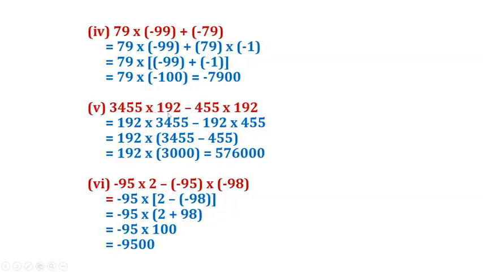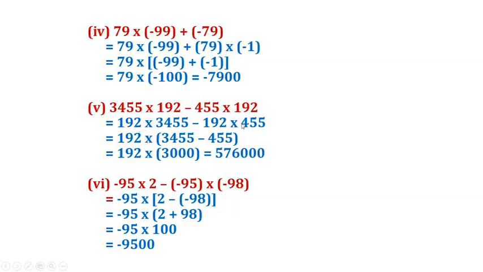Next, observe the fifth one: 3,455 into 192 minus 455 into 192. So first I am writing 192 by changing the order: 192 into 3,455 minus again 192 into 455. I am taking 192 as common, as a into b minus a into c.